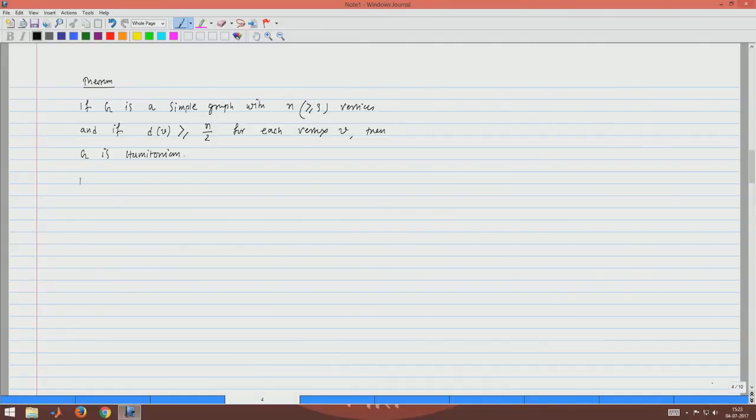So, the proof of this theorem. The proof is by contradiction.